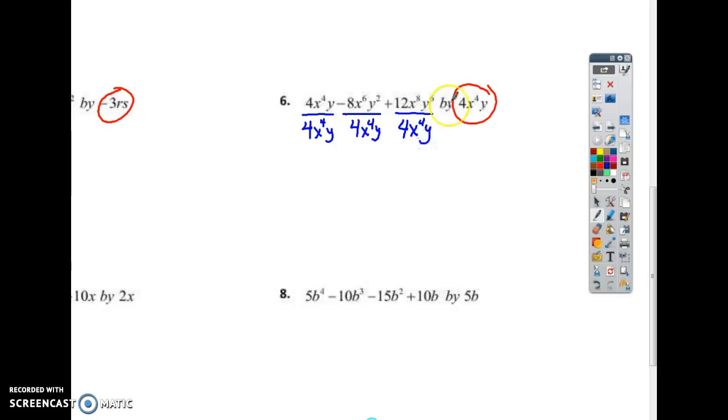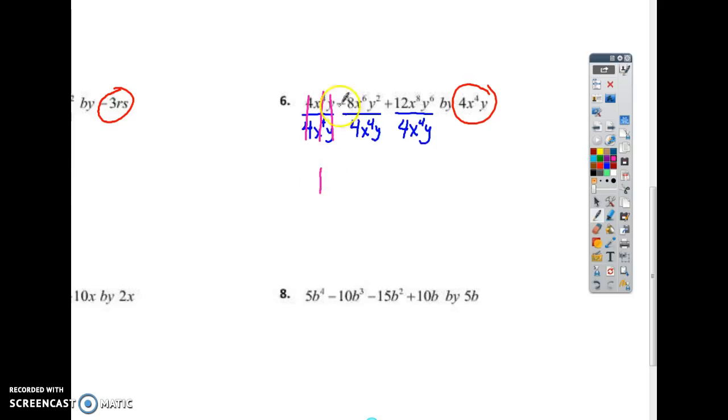Okay? This is divided by this. So, in the first one, I can cancel the 4, I can cancel the x to the 4, and I can cancel the y. What am I left with? Does that give me 0? No, that gives me a 1.